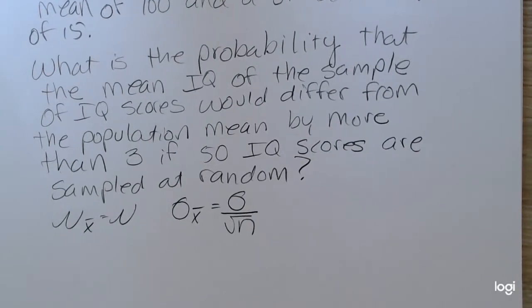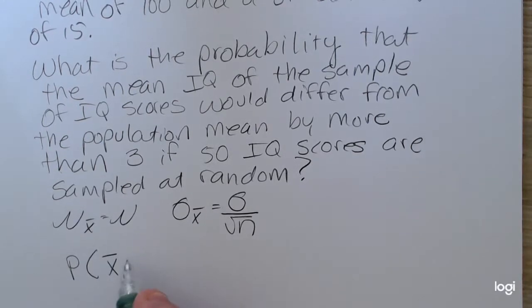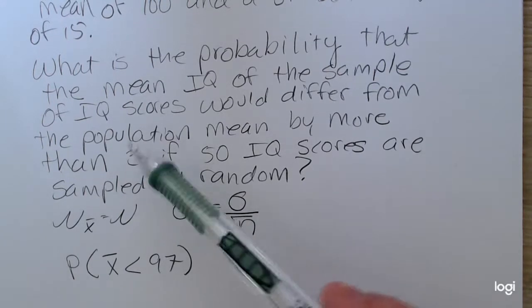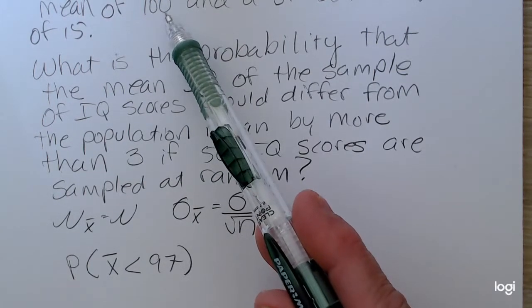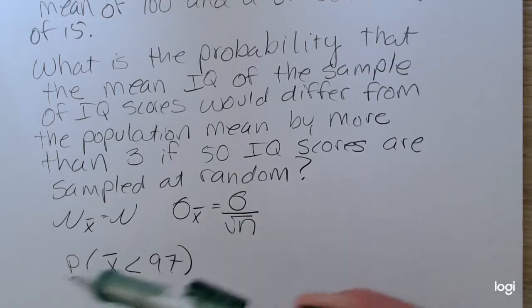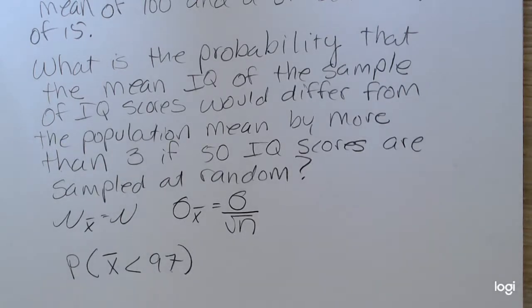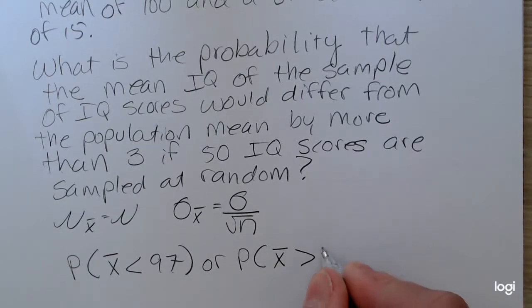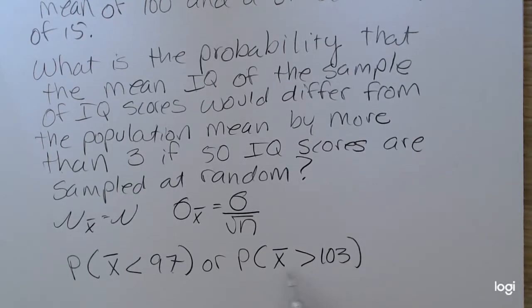All right, because we want this difference to be more than 3 from the mean, we're actually finding the probability x bar is less than 97, because 100 minus 3 is 97, so any x bar value below 97 would be a difference of more than 3 on the left side. Or the probability x bar is greater than 103, a difference greater than 3 on the upper side.